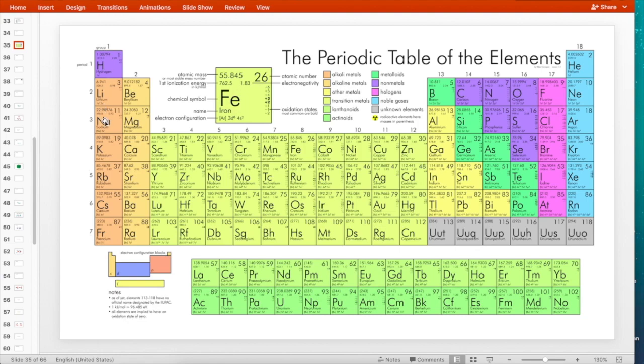Sodium here will lose that one outer valence electron, and right underneath it has 8 valence electrons, just like neon. That's called an octet, and therefore sodium becomes stable by losing that one electron and forming a 1 plus cation.